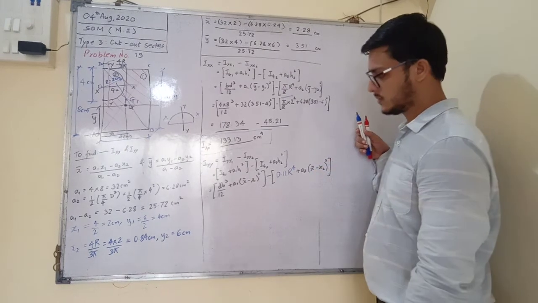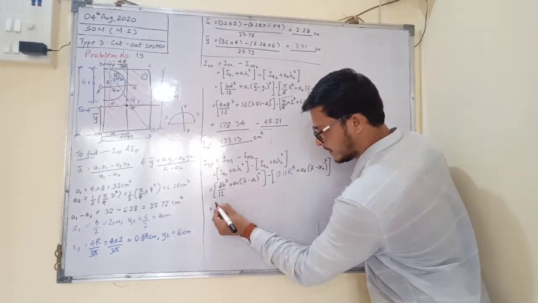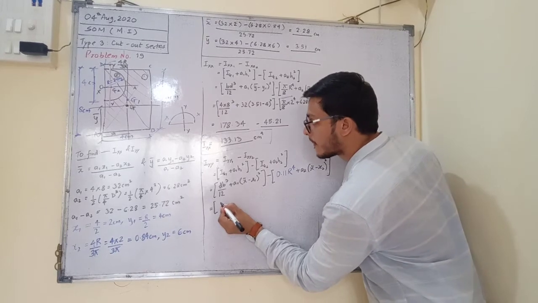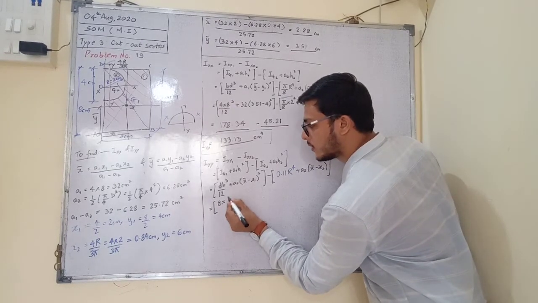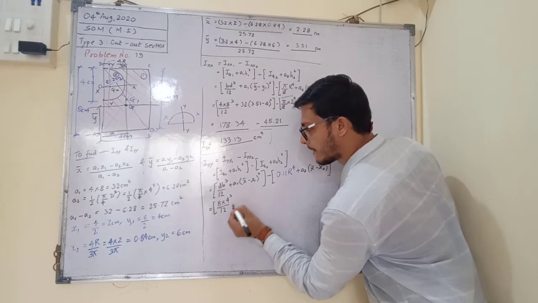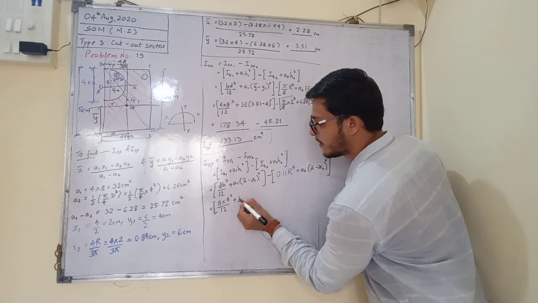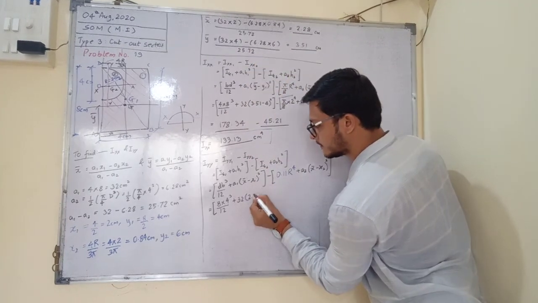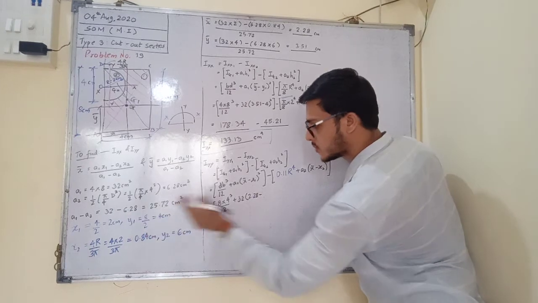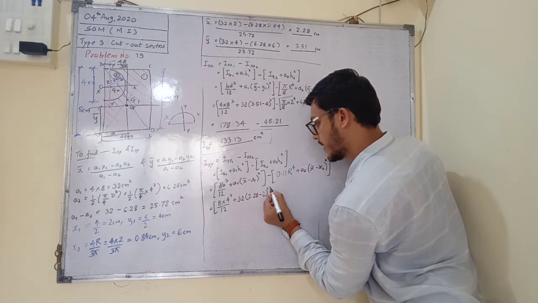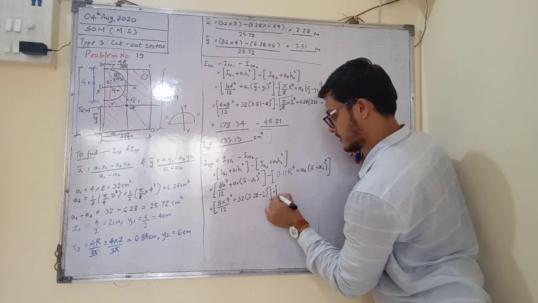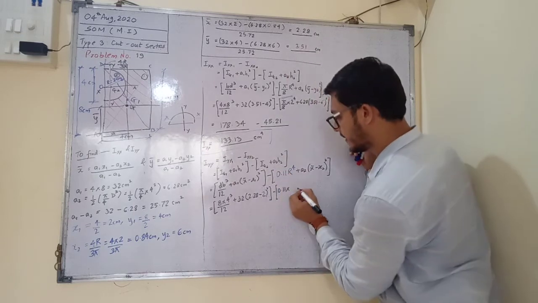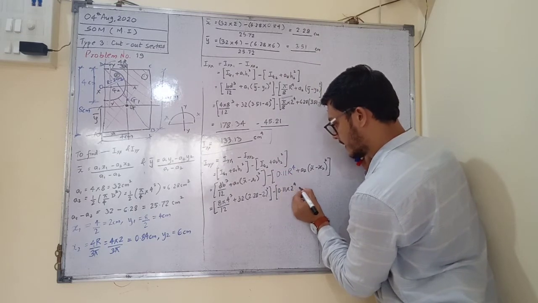So let's substitute the values and get the answer. In the first square bracket, d is 8 and b is 4. So 8 into 4 cube divided by 12, plus a1 is 32. The value of x bar is 2.28, minus x1, which is 2 centimeter, square, minus 0.11. R is the radius, given as 2 centimeter, 2 raised to 4, plus A2.